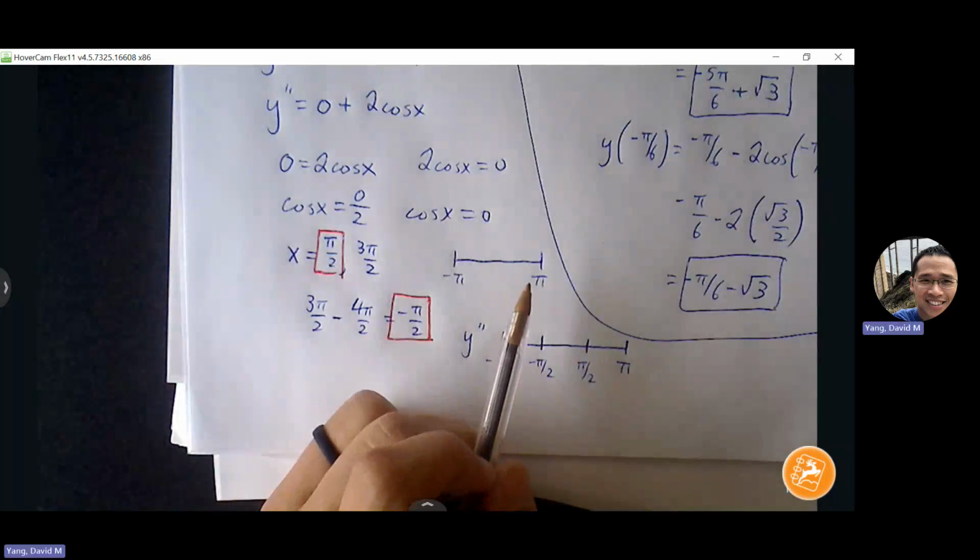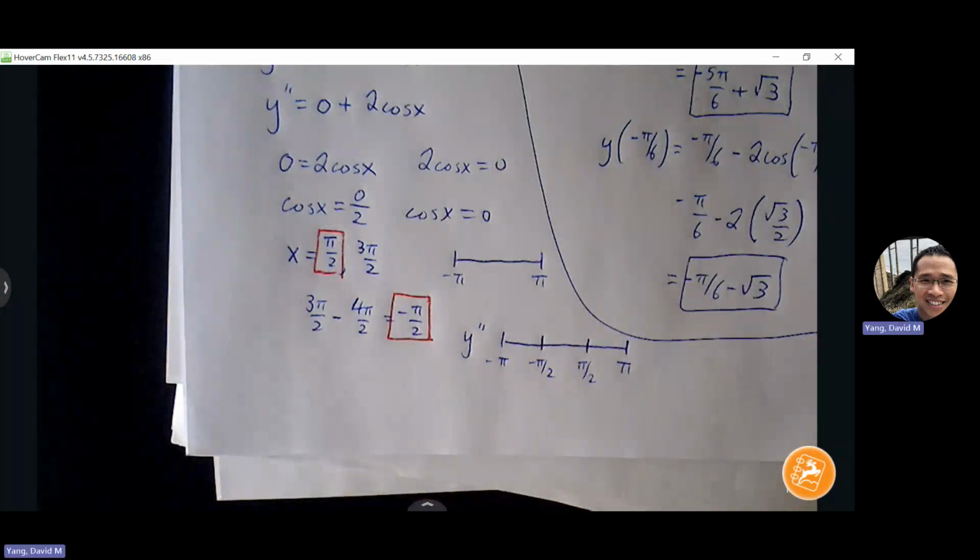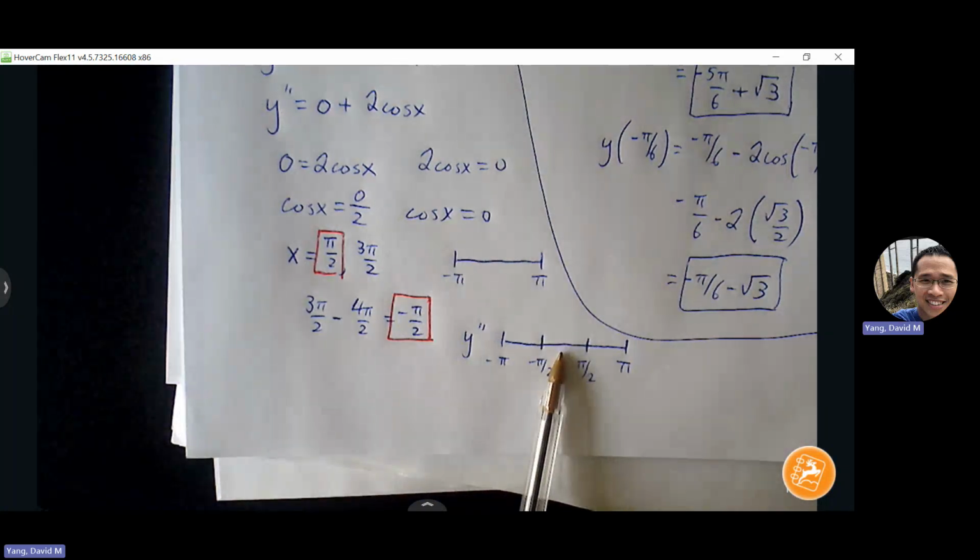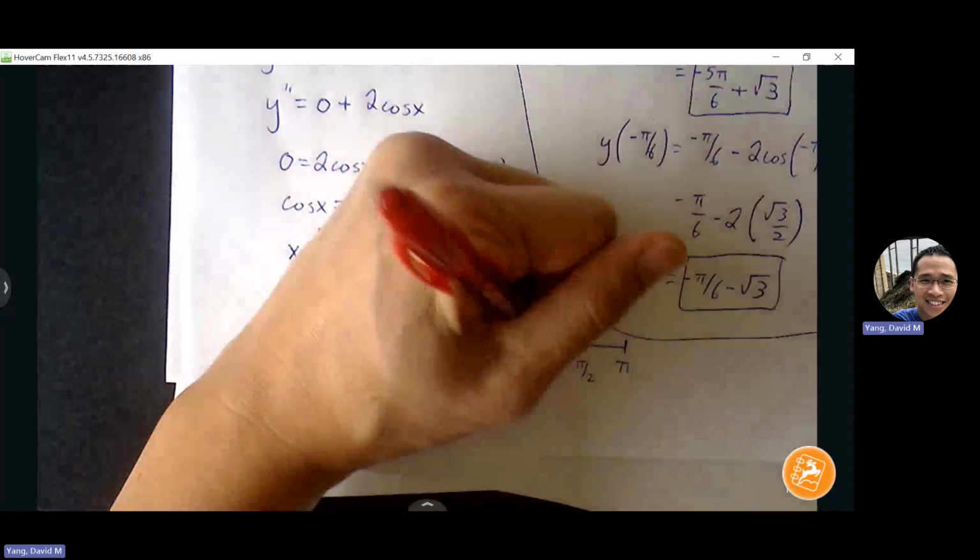Again, the nice thing about the functions I give you is that there will always be alternating. So once you find one concavity, then you know the others will just continually go back and forth. So let's do an easy one here.